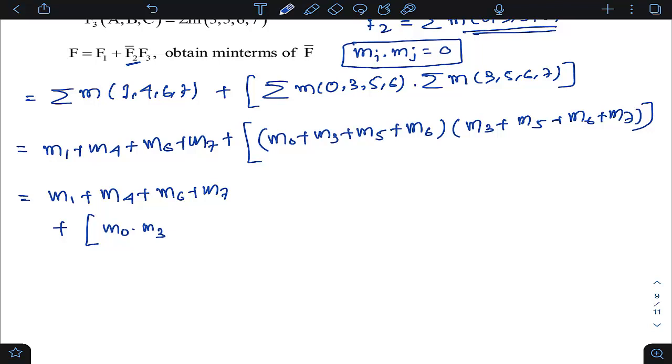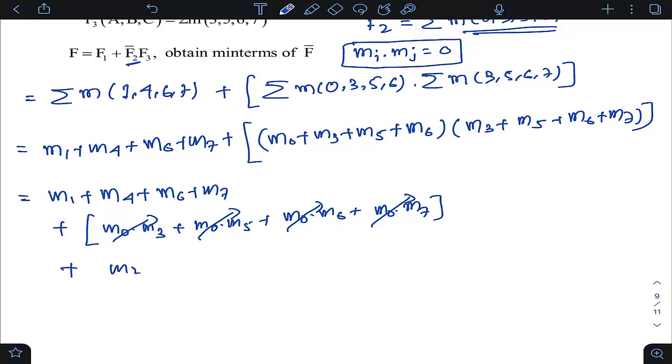All these terms are 0 because mi and mj have different indices. Then again we do this with min term 3: min term 3 with min term 3, 5, 6, 7.